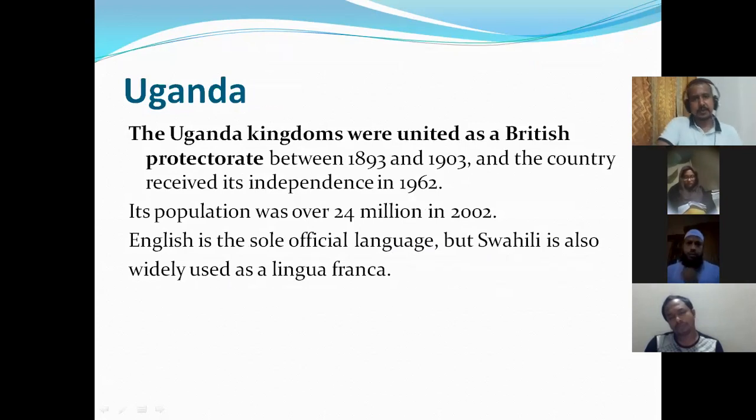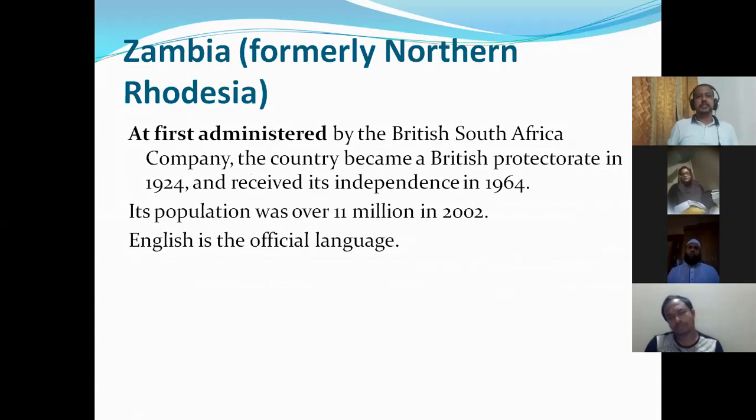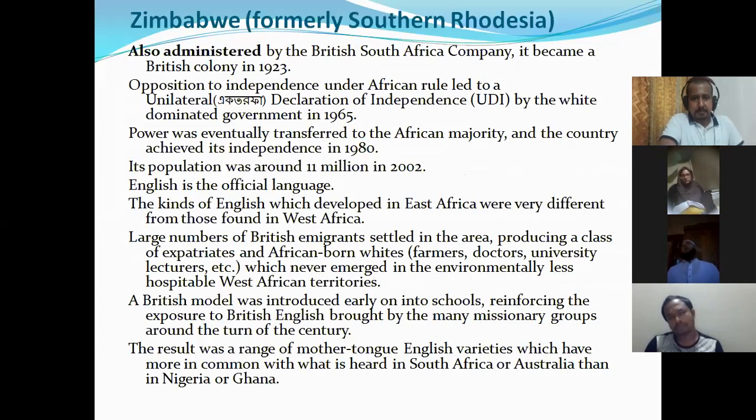Uganda: English is the sole official language, but Swahili is also widely used as the lingua franca in Uganda. And Zambia: English is the official language. They got independence in 1964, and the population is over 11 million. And Zimbabwe also got independence.